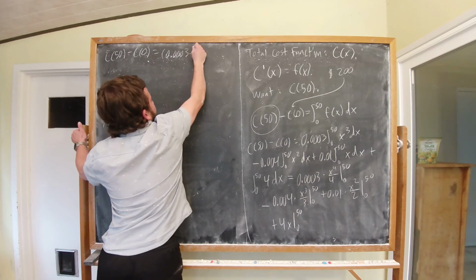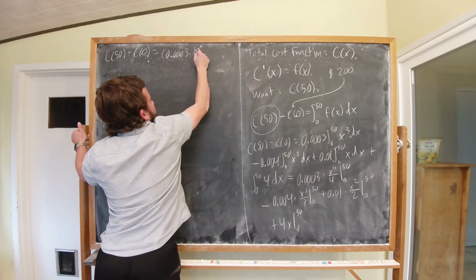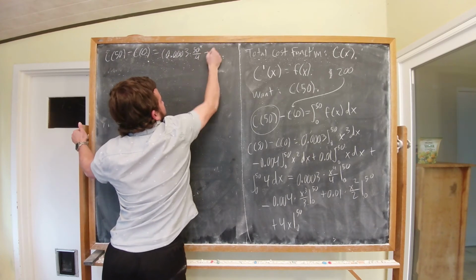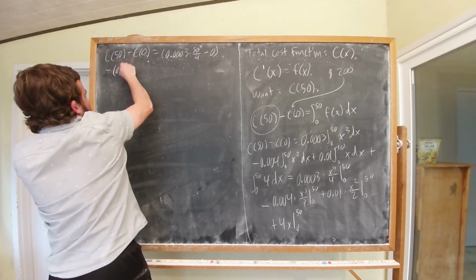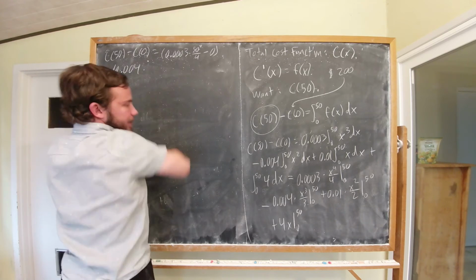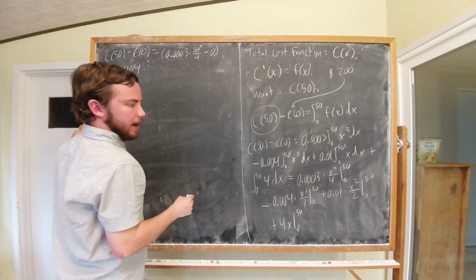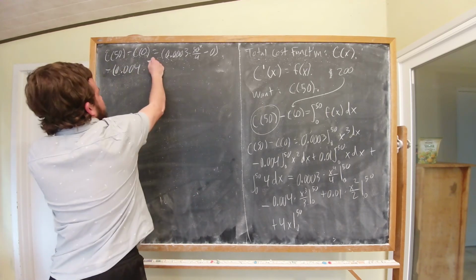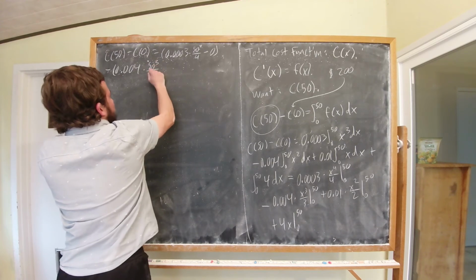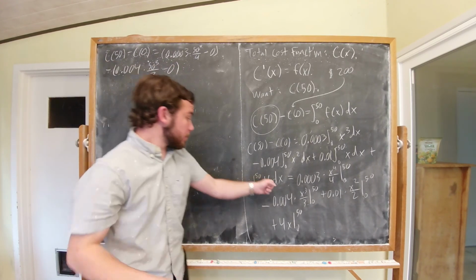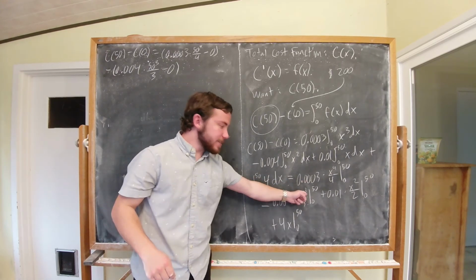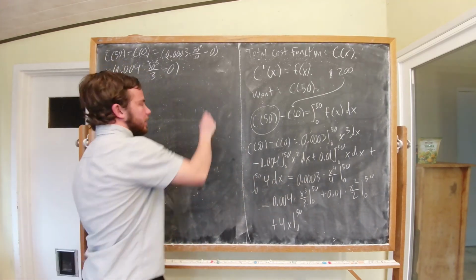0.0003 times 50 to the 4th over 4 minus 0, minus 0.004 times, let's see here, 50 cubed over 3 minus 0, right? Because if we plug 0 in, x, that just drops.